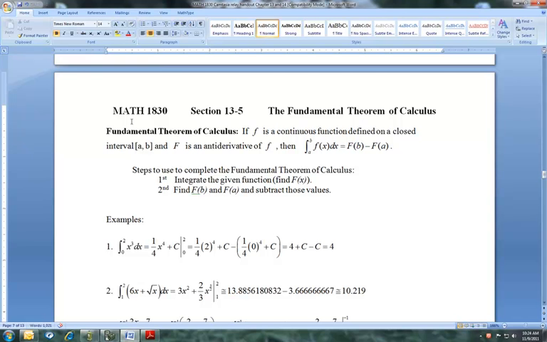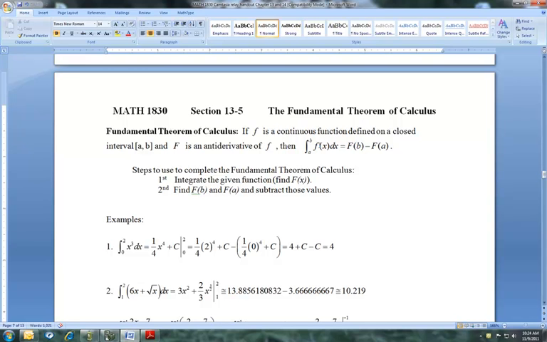In the fundamental theorem of calculus, if you've got a function and it's continuous, but it's defined on a closed interval from a to b, and capital F is the antiderivative of f, then what this statement says, notice I've got a definite integral here. I know my left value, my right value, because that was given by the closed interval.